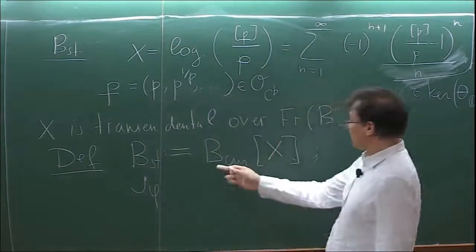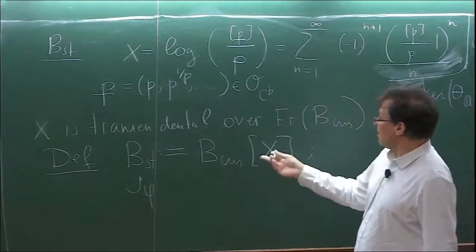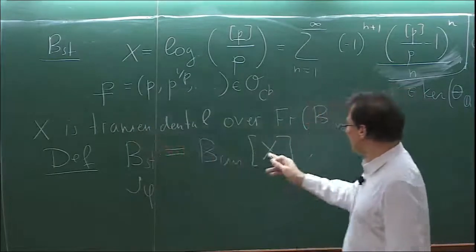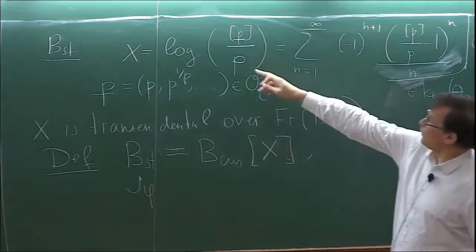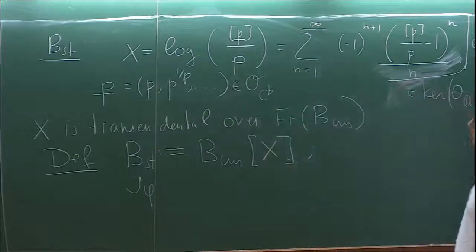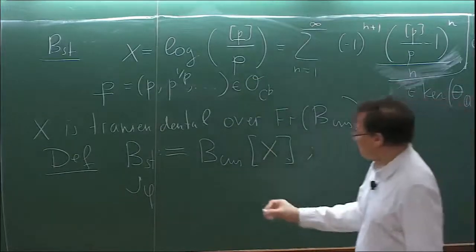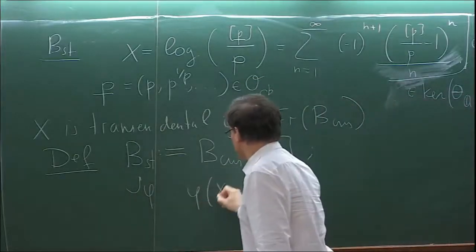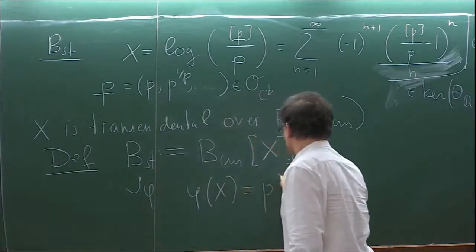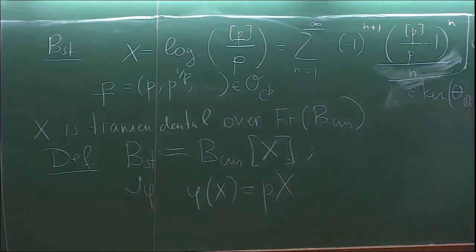So Frobenius is already defined on B_crys, but it is not defined on B_dR. But in view of this definition in terms of logarithm, it is natural to define phi of x equal to px.